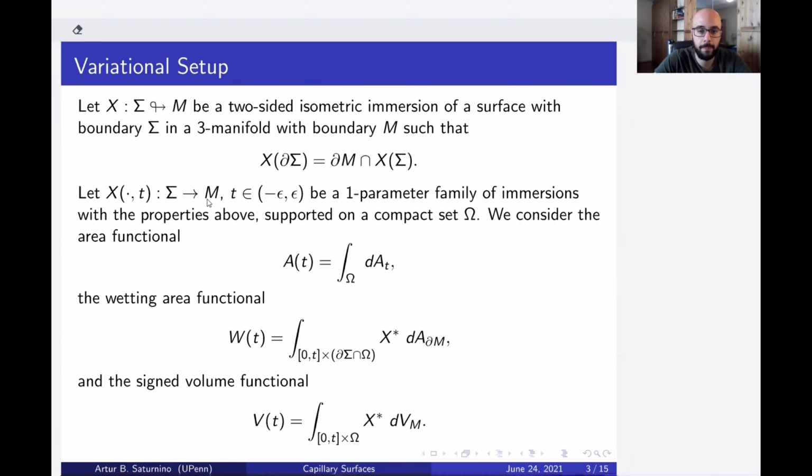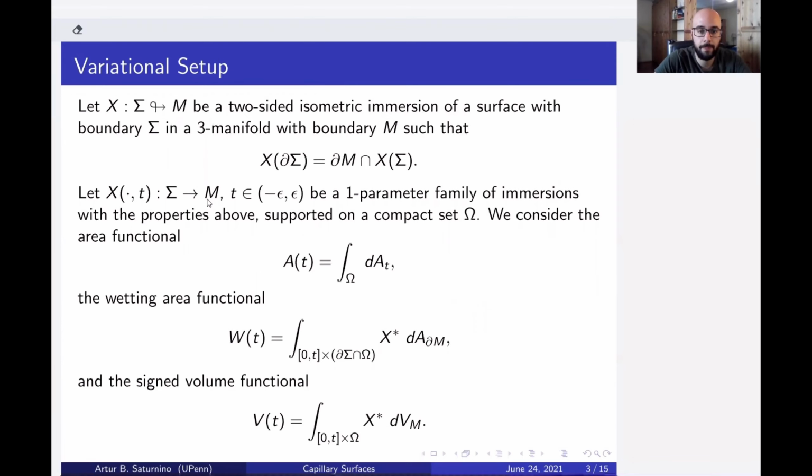The second variation gives rise to two quantities called the weak index and the strong index. And they're defined in the following way for compact surfaces. So for a compact capillary surface, the weak index is the maximal dimension of a subspace W of the space of all smooth functions with mean 0, such that Q restricted to the subspace W is negative definite.